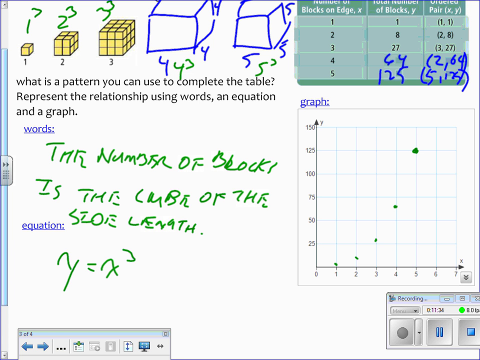So the point 0, 0 is accurate. And if you connect them up, you can definitely see where that is nonlinear. It does not grow the same amount each time. It's got a pretty nice little curve to it. Questions about that? You should learn your perfect cubes as time goes on.